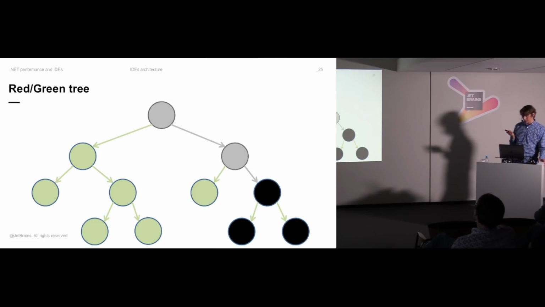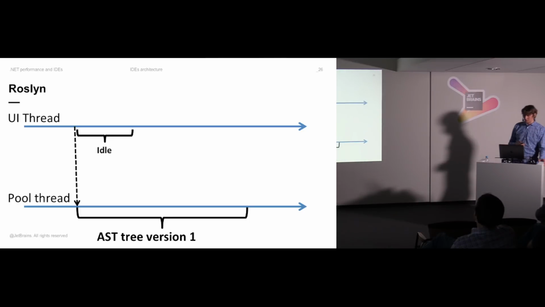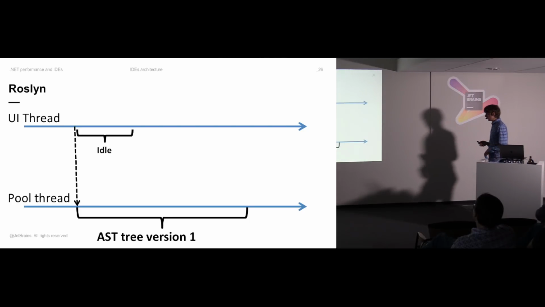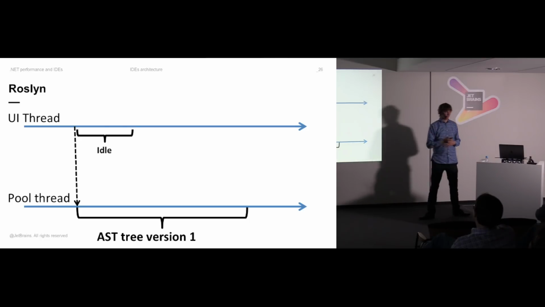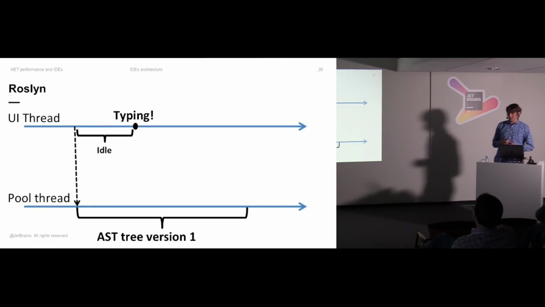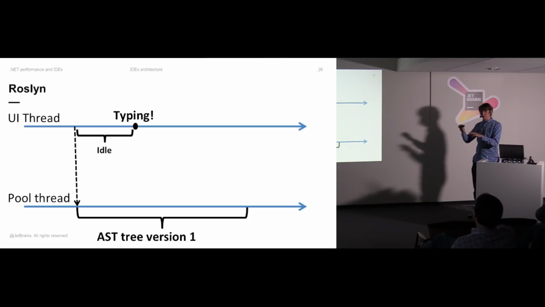In Roslyn, I don't have to care about these read or write locks, about these interrupts, right? How does it work? In Roslyn, when I have a UI thread and a pool thread, and again, my find usages feature is working in the background thread, and then all of a sudden I start to type.